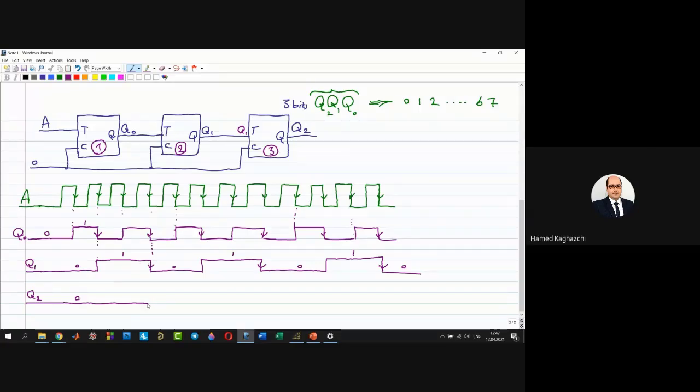It means that my Q2, which is my output, will toggle and stay at its state. Its state is 1. Up to when? Up to when Q1 reaches its downward edge. Again, it will toggle and stay, 1, 0.